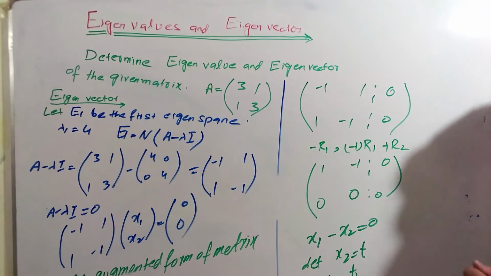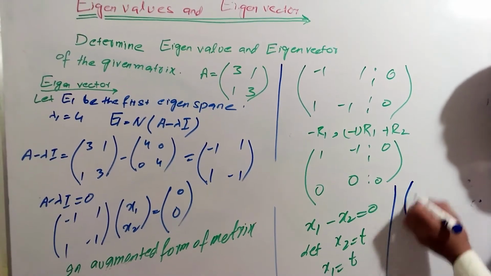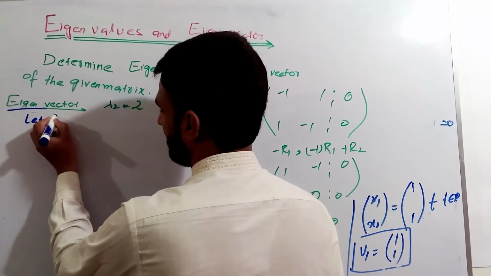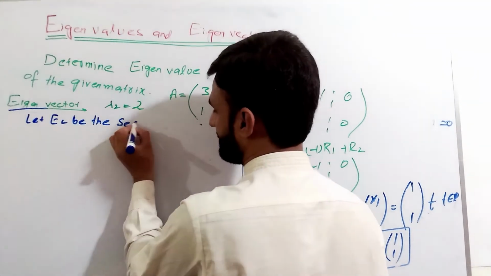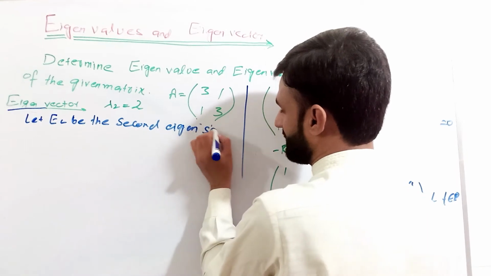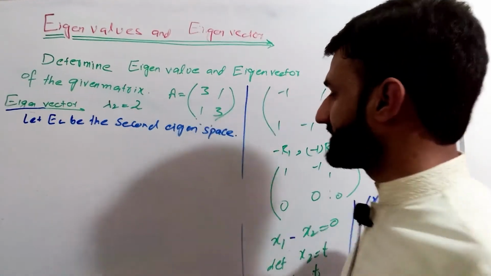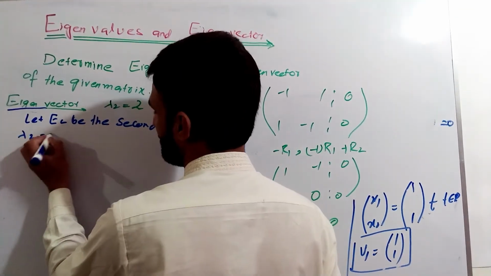Now we write it in the eigenspace, so we can obtain the vectors. Let E2 be the second eigenspace, corresponding to lambda equal to 2.